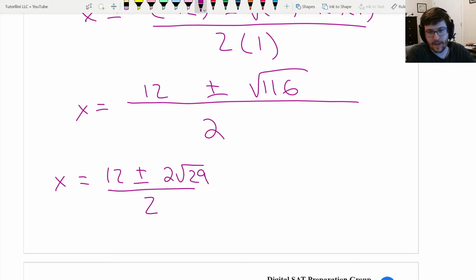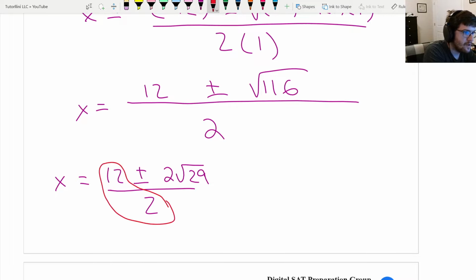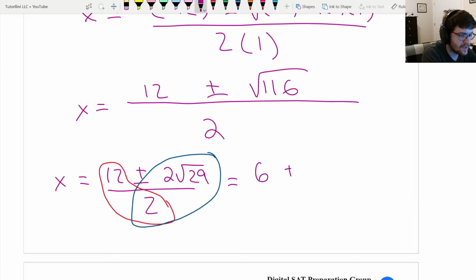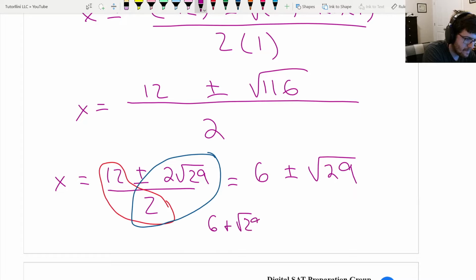And now to get it to look like our final answer, we are going to split the fraction. So that over that, and then this over this. Our answer will be 6 plus or minus 2 divided by 2 is 1, so this is just the square root of 29. So our two answers are 6 plus root 29 and 6 minus root 29.